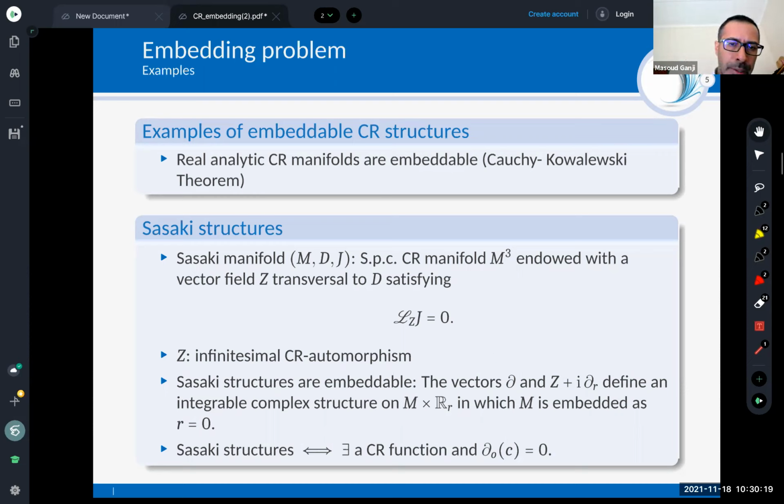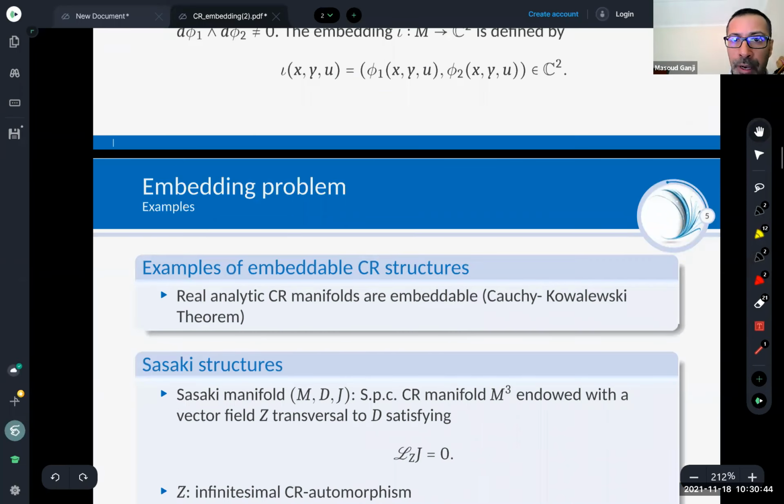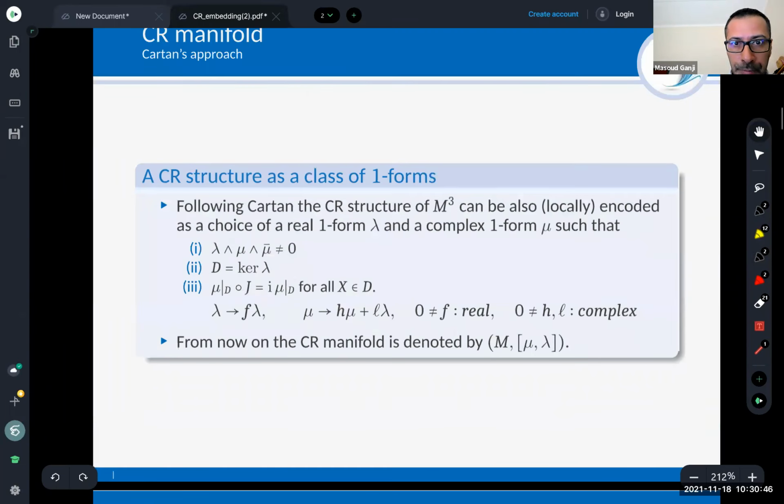As I said, Sasaki structures can also be characterized in this way. If you have a CR manifold M, and you have a CR structure, and the function C does not depend on the derivative, the CR structure is Sasaki. Let me remind you the function C. The function C is this.